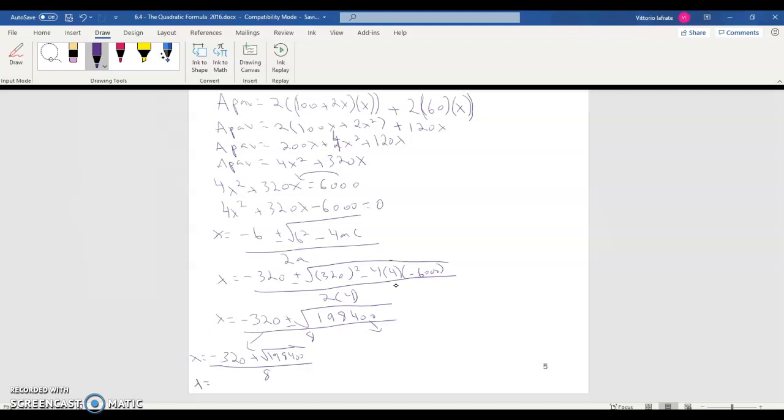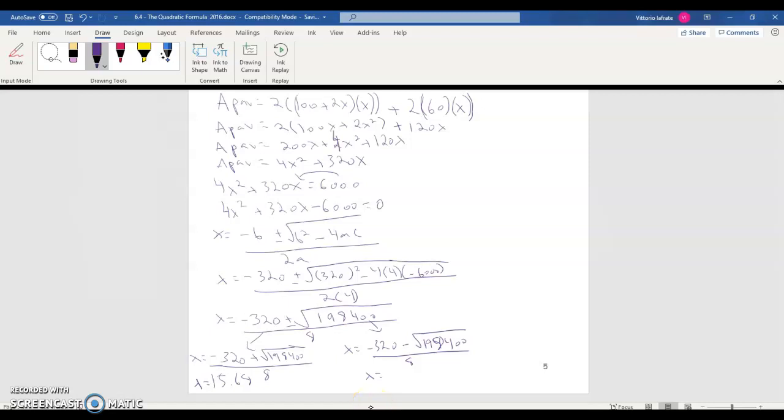We get 15.677, so 15.68 roughly. Let's see what the other answer is. We can get x is equal to negative 320 minus the square root of 198,400 over 8.